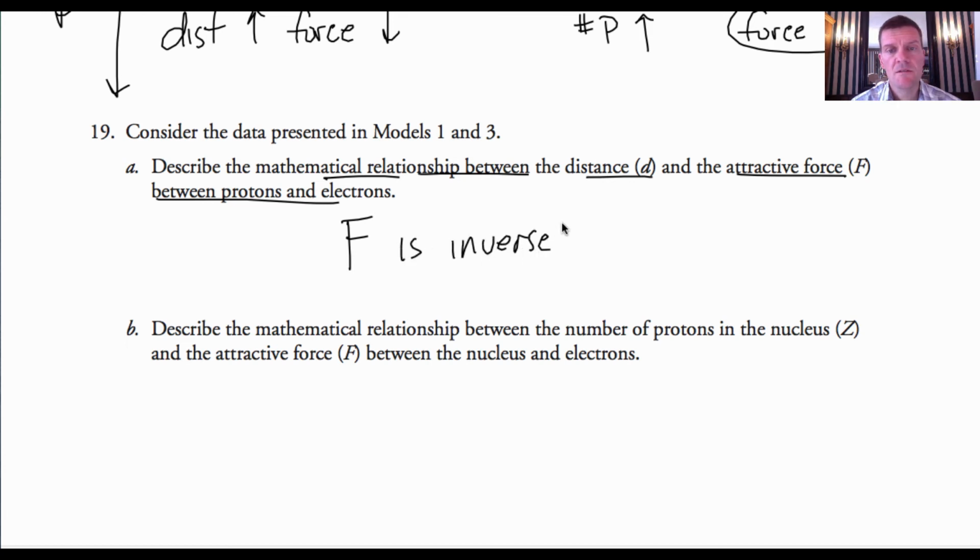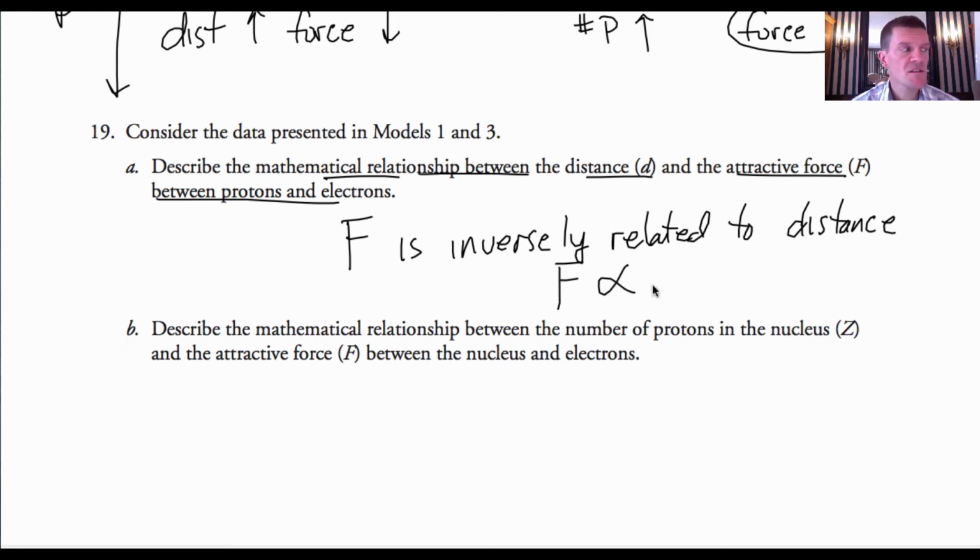Inversely related to distance. More specifically, it is inversely related to distance squared. So you would have a relationship like this, which basically says force is proportional to, that's what that symbol means, proportional to the inverse of distance squared.